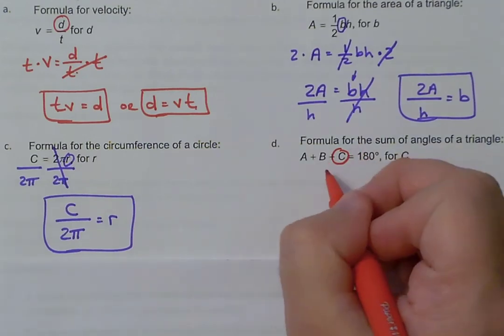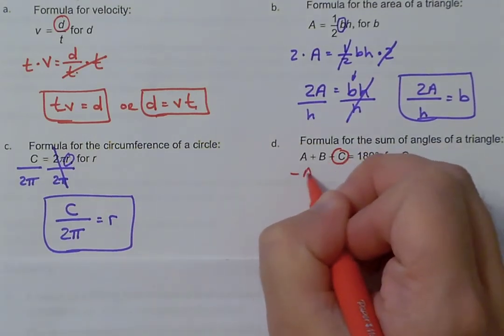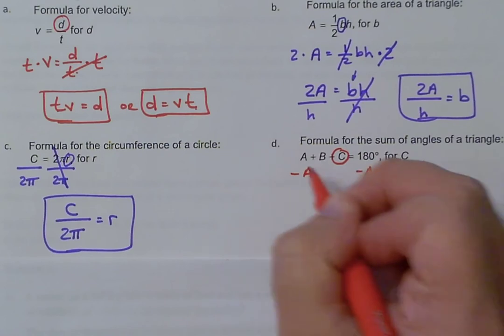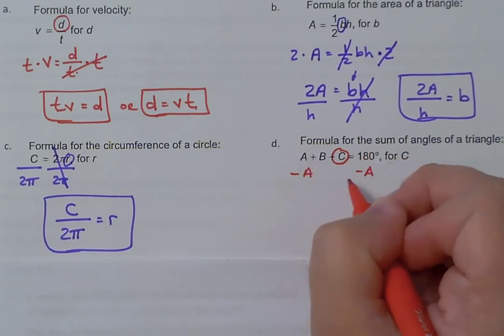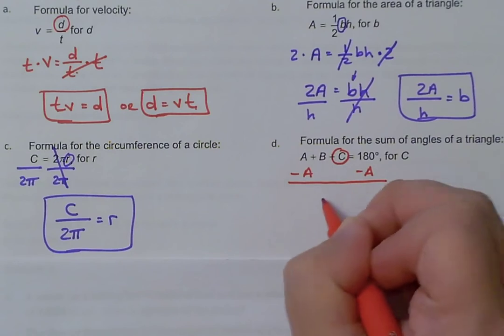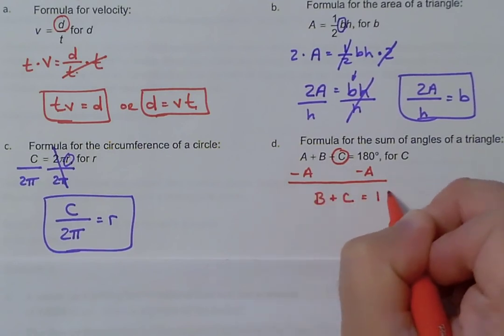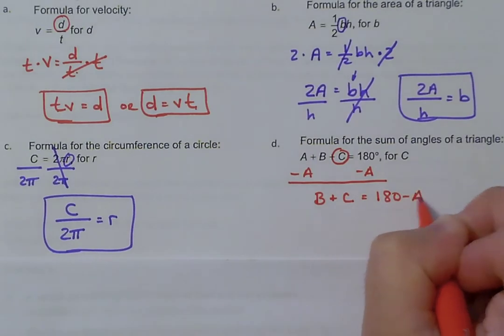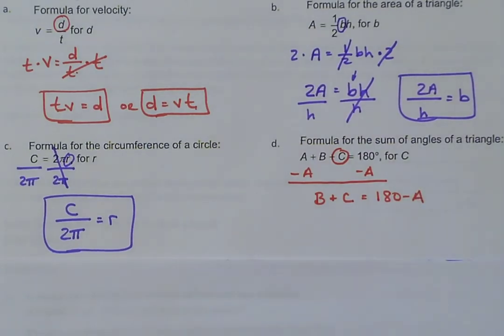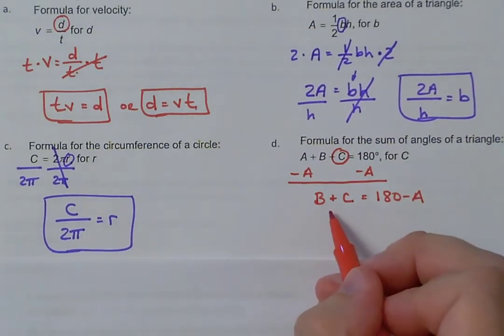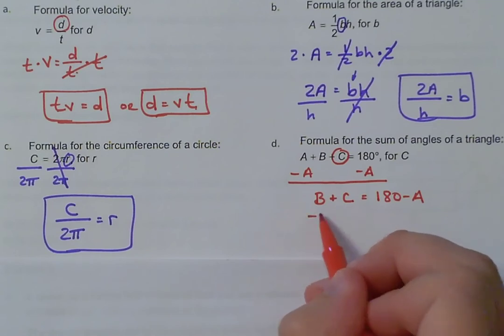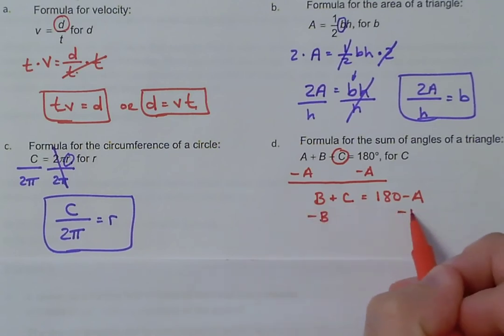So to solve for C, the first step is we're going to subtract A. Because it is a positive A, we can subtract it. So then I have B plus C equals 180 minus A. And then for this side, again, I need to get C alone, so we're going to subtract B from both sides.